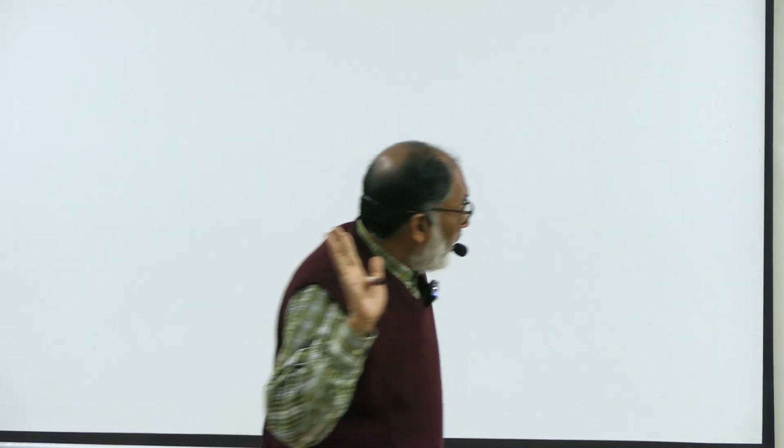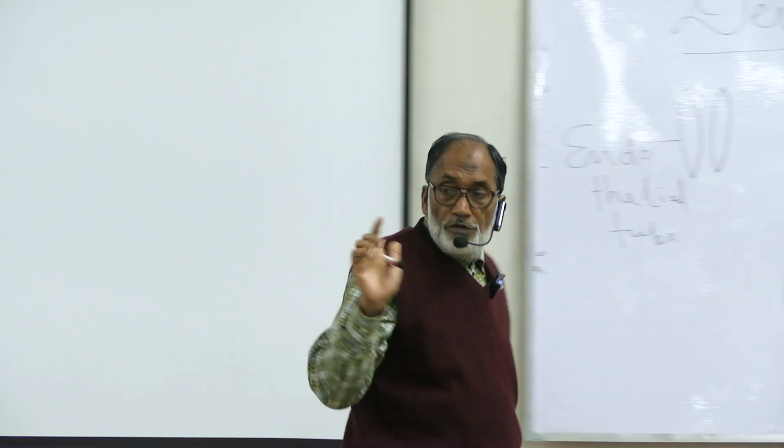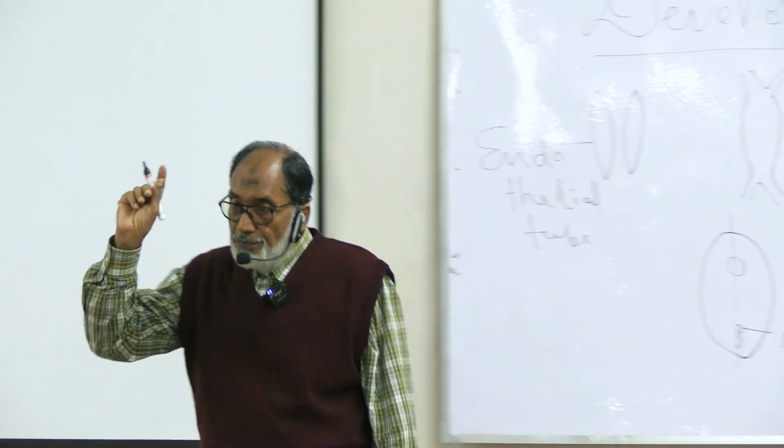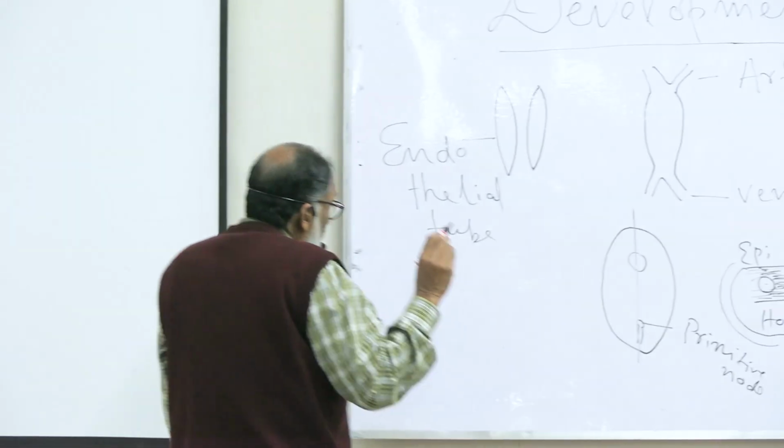Now, recently, there are two heart field areas. One is called the primary heart field area, and another is called the secondary heart field area. Now, primary heart field area, what is that?